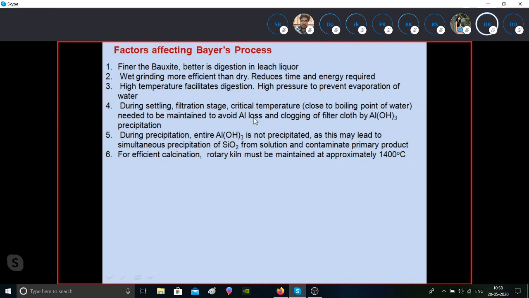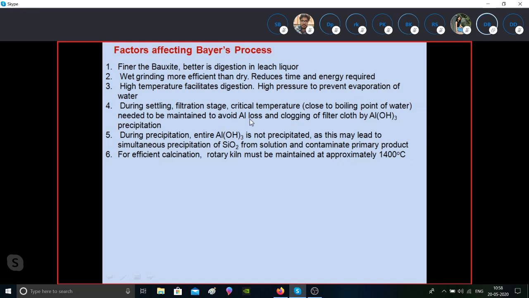So the value, alumina Al2O3, aluminium hydroxide, is getting lost along with my gangue material. We cannot afford that.